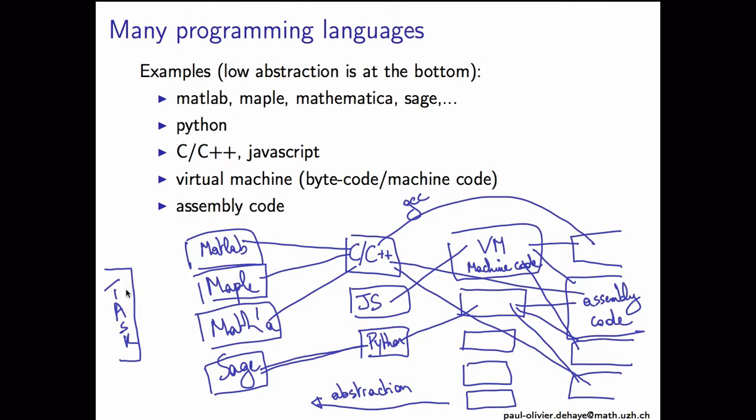And so if you have a task that is related to mathematics, the best bet is to either use MATLAB, Maple, Mathematica, or Sage. Now, as I said, Sage is more or less the same as Python. So the goal in this course will be to learn Python, because as a freebie, we'll immediately be able to use Sage. And learning Python has a lot of advantages over learning Mathematica, Maple, or MATLAB, because this is a very general purpose language.